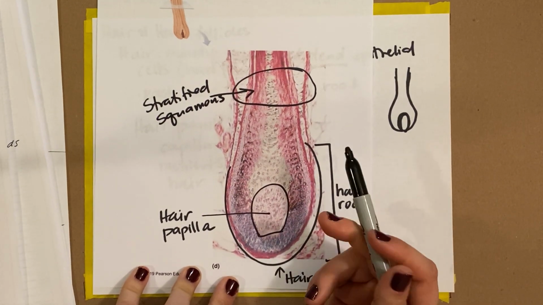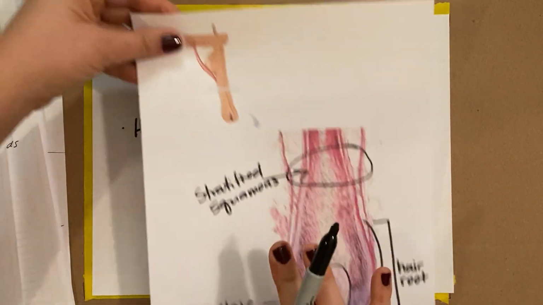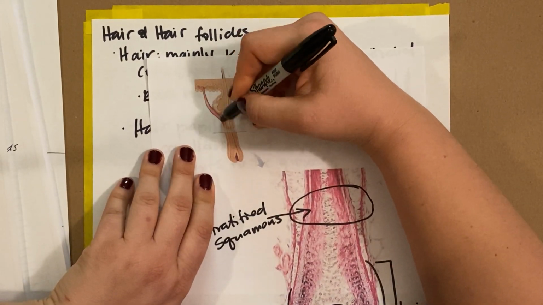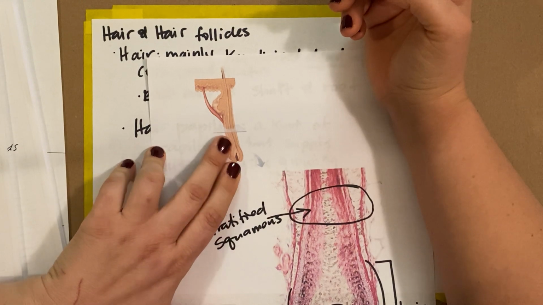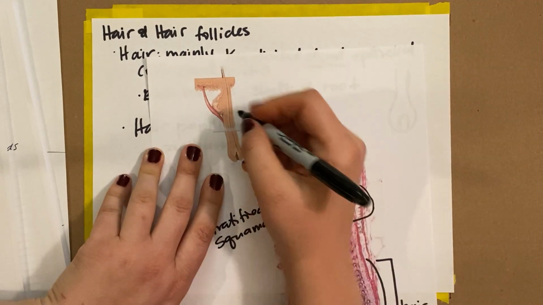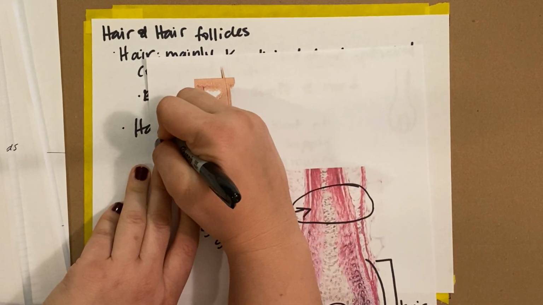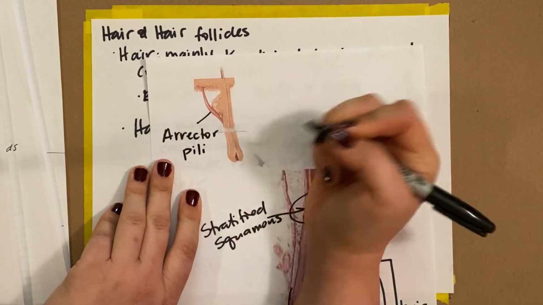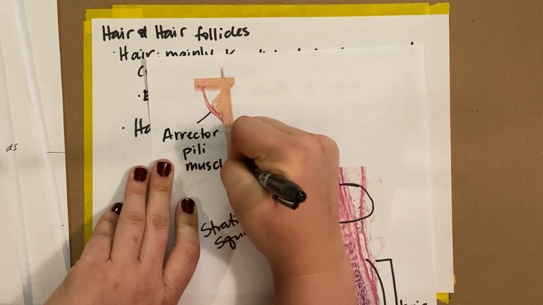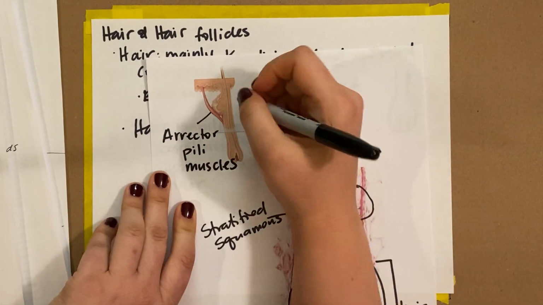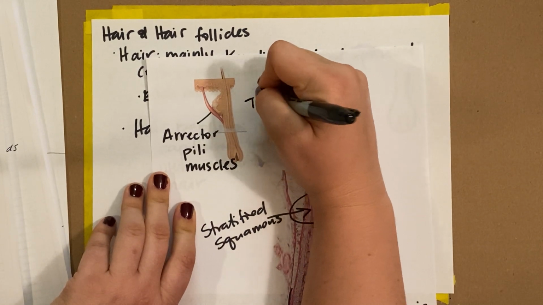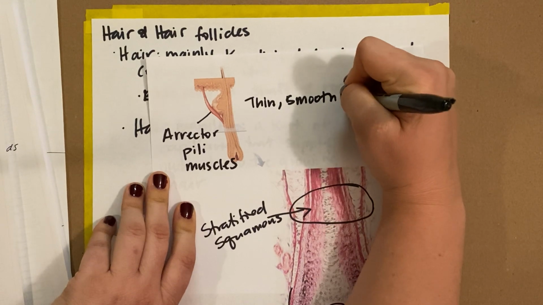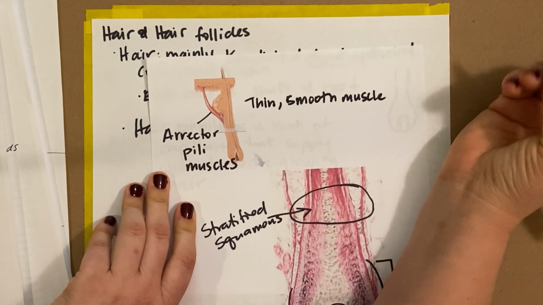And you can't see it on this picture, and this is kind of small, but there are muscles that are attached to the actual hair. These muscles, right here, are called erector pillae muscles. What those erector pillae muscles do is that they're thin, smooth muscle, so that tells you what type of muscle it is.